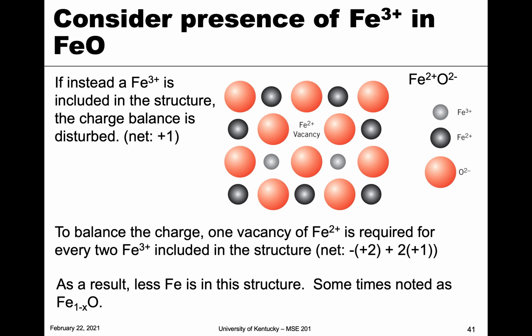So that's the example of what we have here. So let's just kind of look at this in a little bit more detail. So we have the inclusion, presence of these 3+. So that means that if we put in one Fe3+, that's another way of looking at it, right? That would basically cause a positive 1 charge to the overall crystal.